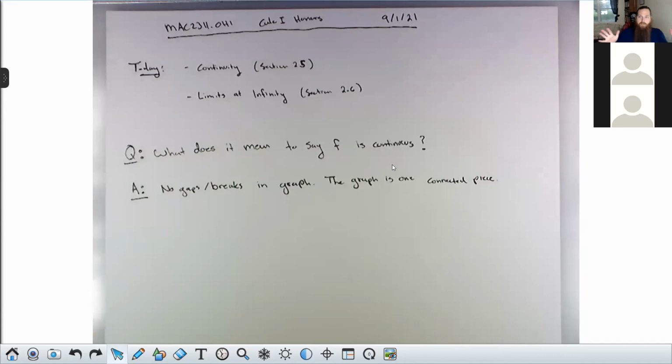And as a global statement, this is accurate. This is correct. A function f is continuous everywhere if its graph is a single unbroken connected piece.